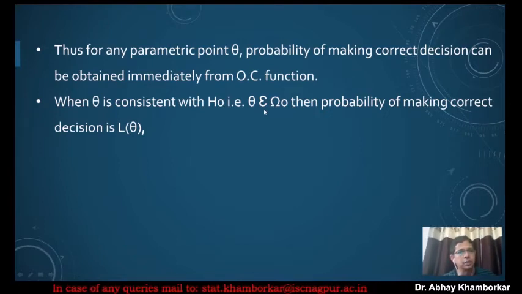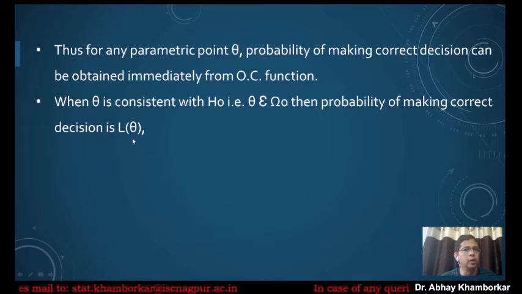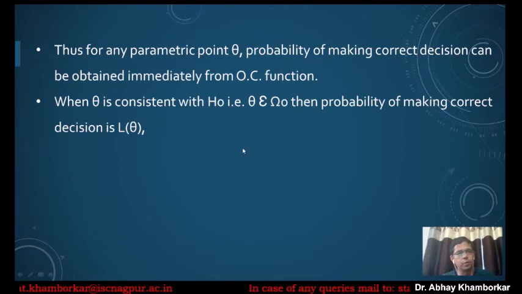In such cases, L theta will represent the probability of making a correct decision. 1 minus L theta will not represent it, only L theta will. Why? Because h naught is true, and L theta represents the probability of accepting the hypothesis h naught.